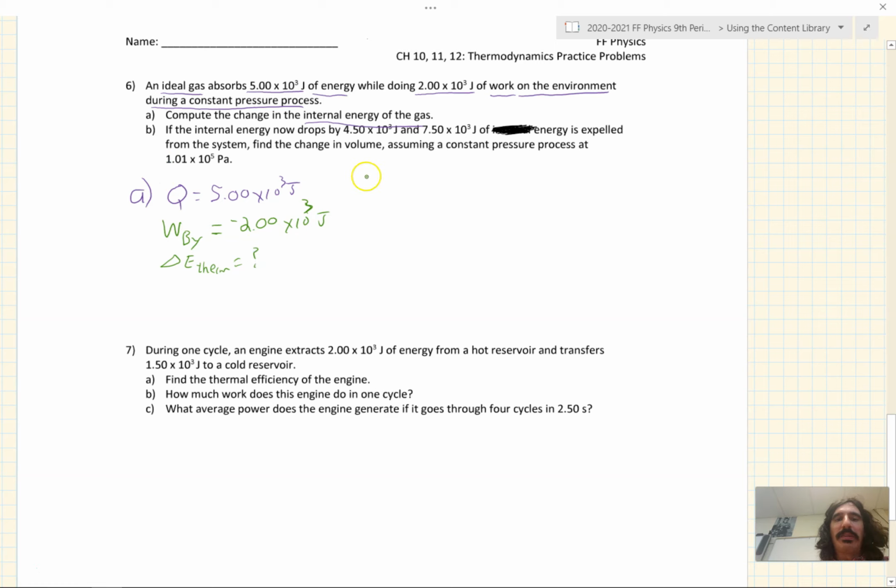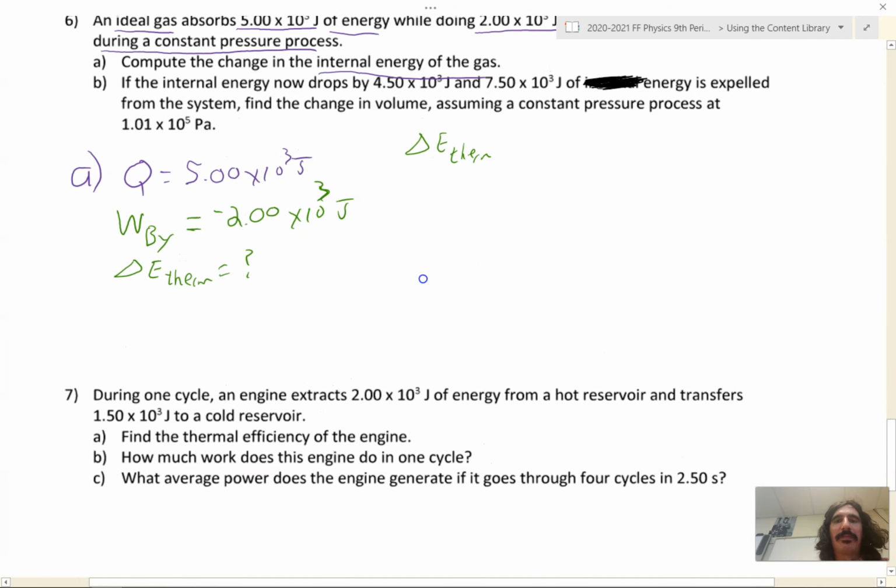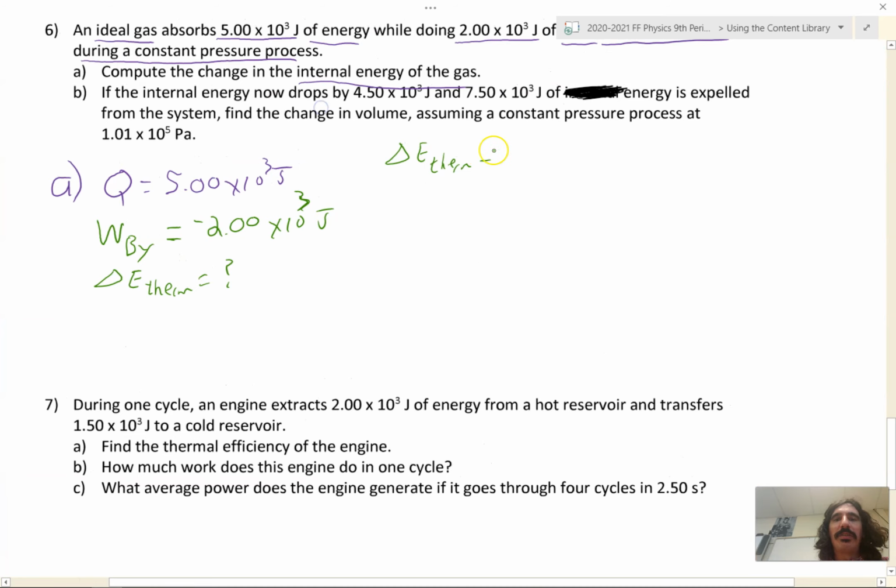So we'll use the formula change in E therm equals Q plus W. And this W is the work that's being done on the system by the environment. We're negating it here because it's being done by the system on the environment.